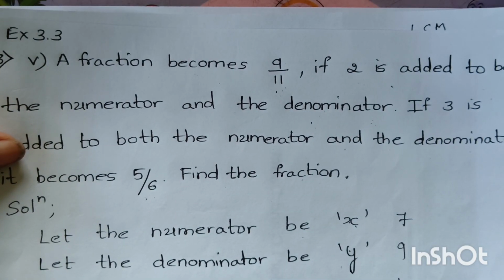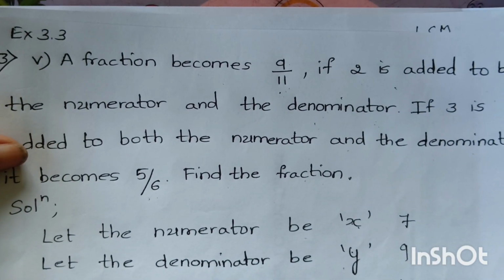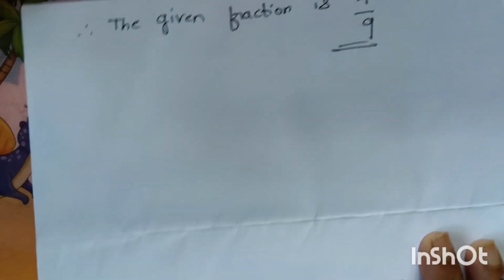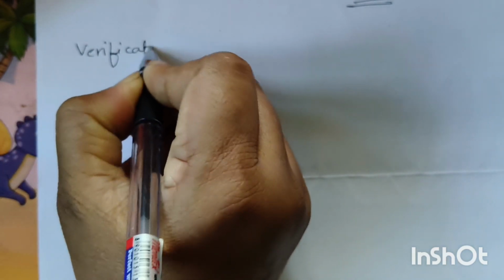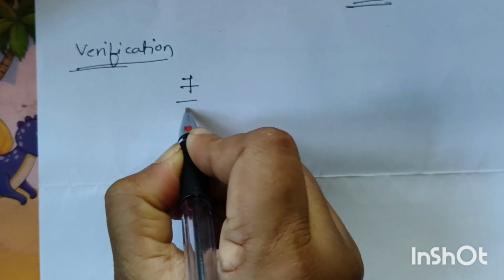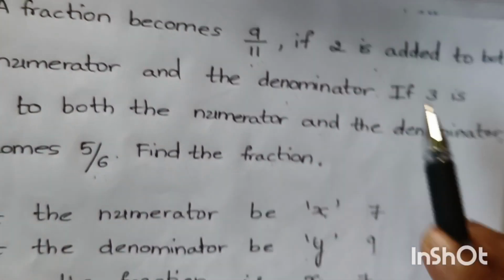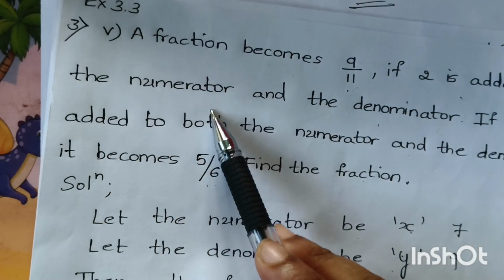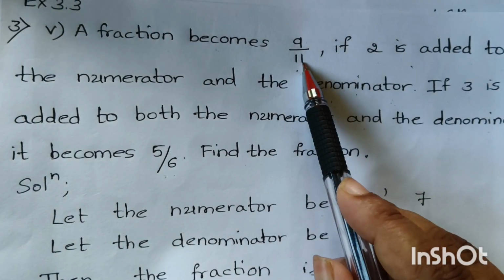But they did not give the fraction. But now we know the fraction, that is, the fraction is 7 by 9. If 2 is added to both the numerator and the denominator, we will get 9 by 11.